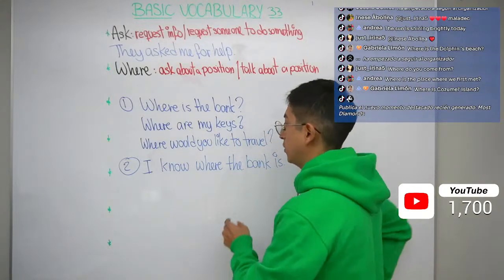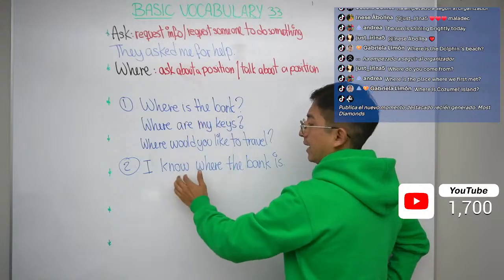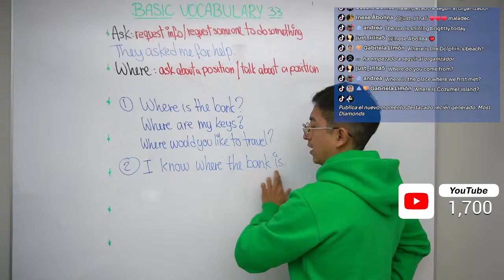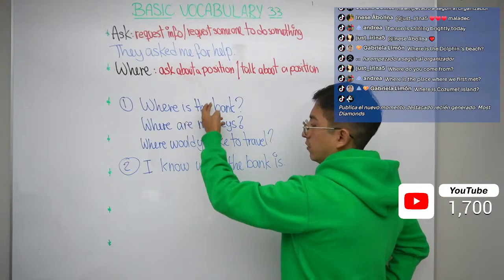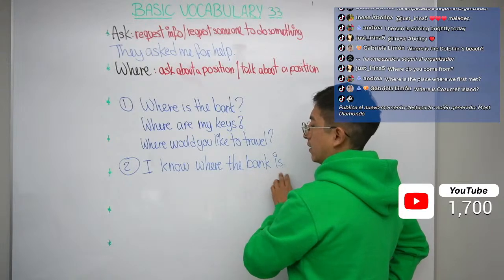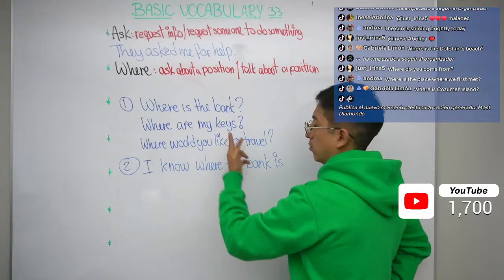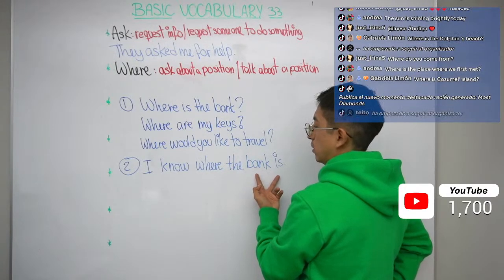See, I'm using here the same question. Where is the bank? But we can use here the noun and the verb in different positions. Where is the bank? Where the bank is. So we swap these two words.